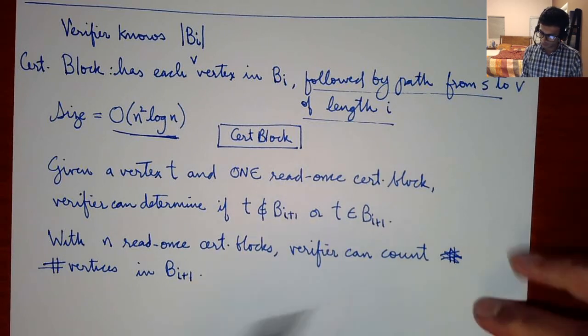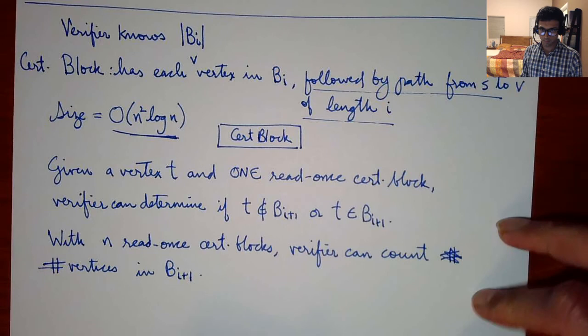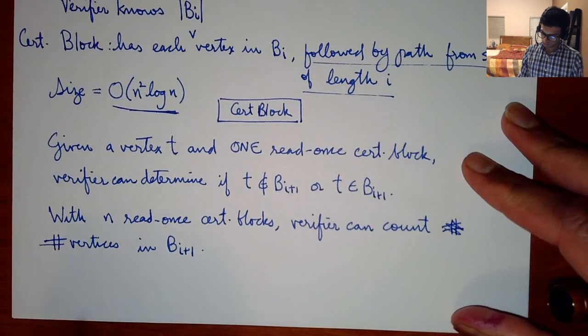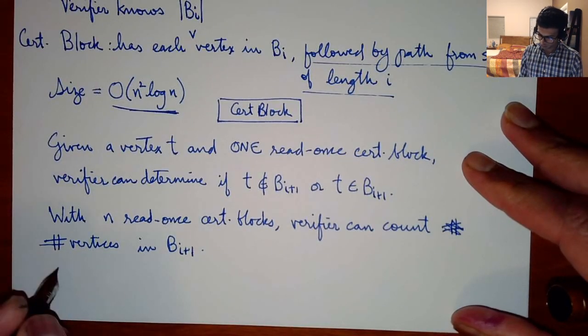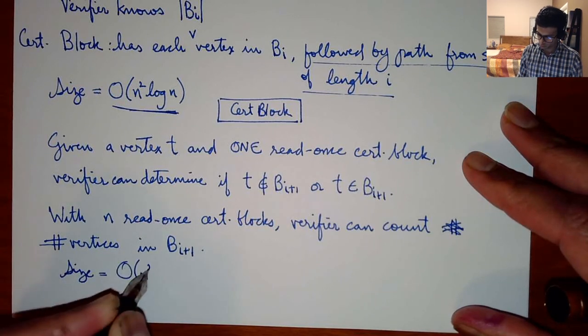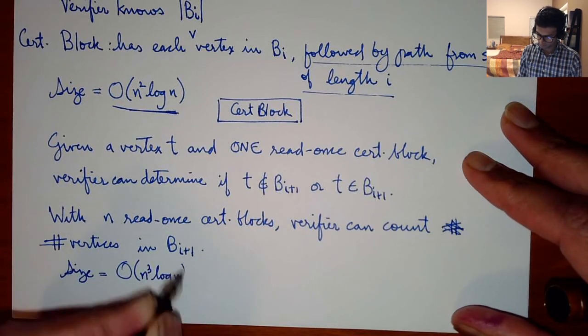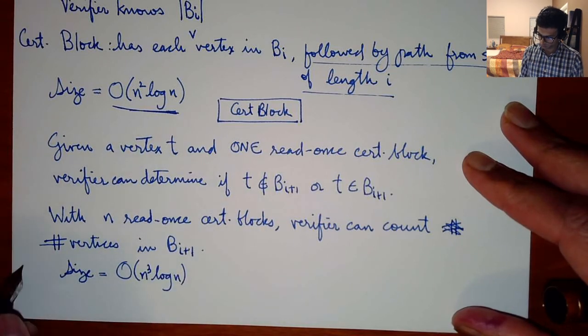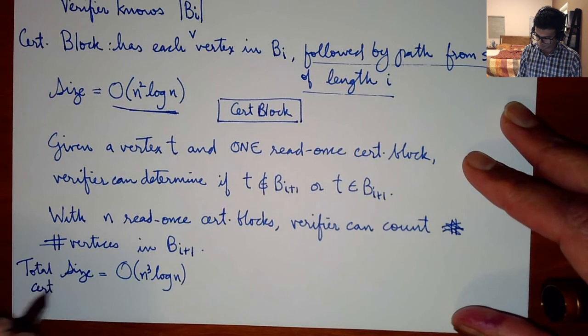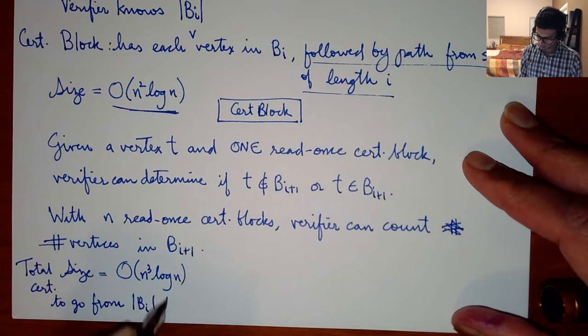So then the verifier can count the number of vertices in BI plus 1. So now the size is O of n cubed log n. This is the total certificate size to go from the size of BI to the size of BI plus 1.